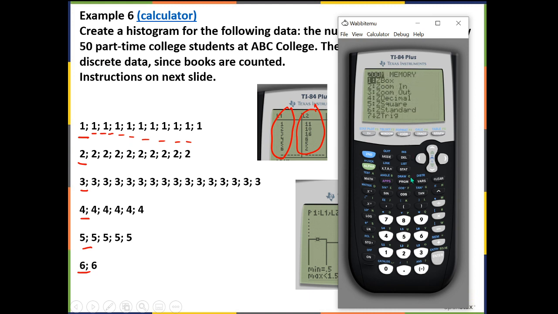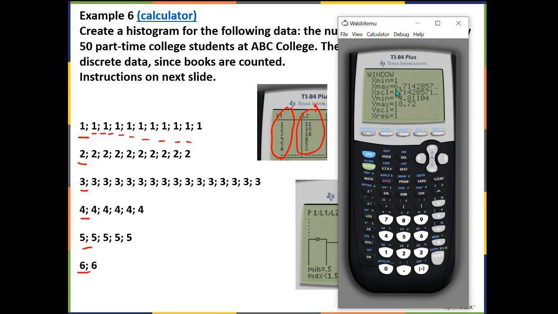So again, we went to stat plot and we set it up. Now we go to zoom 9. And the calculator just automatically graphs a histogram for you based on the program that the engineers actually entered into the calculator. That's not necessarily the program we use to graph them by hand. So if you go to Window, you see what they use. They started with 1.